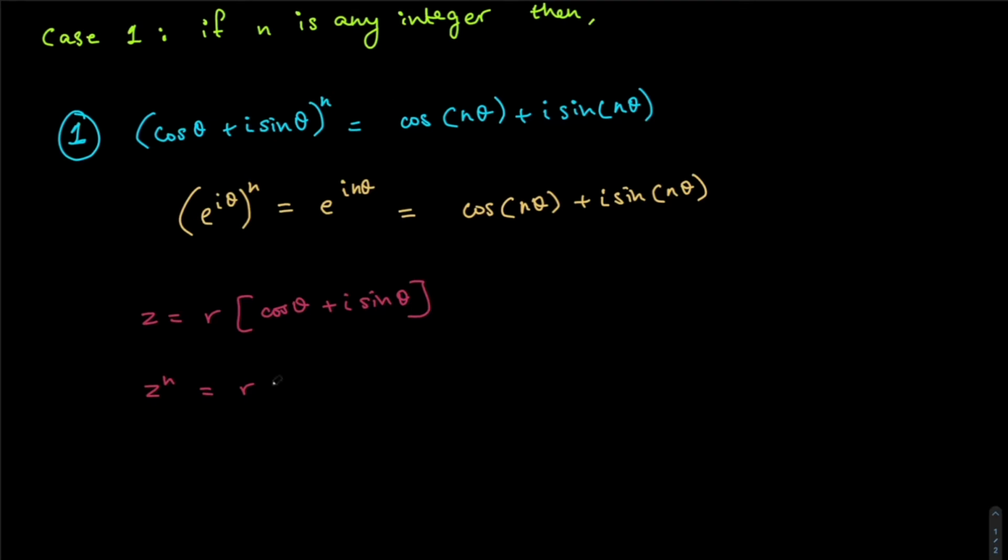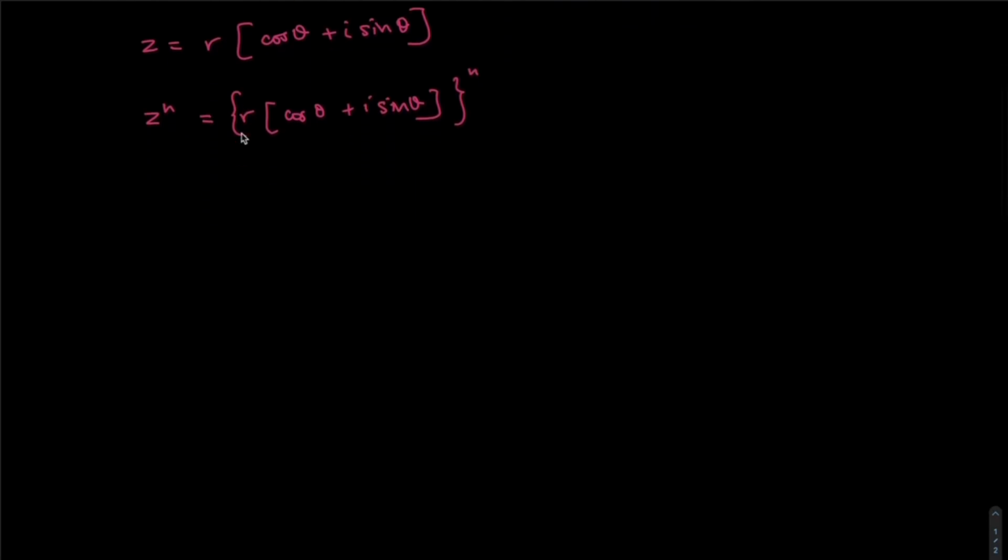I'll write it like this: r of cosine of theta plus i sine theta, in brackets, raised to the power n. If I simplify this, what I'm left with is r raised to the power n, cosine of n theta plus i sine n theta. That's what it is.